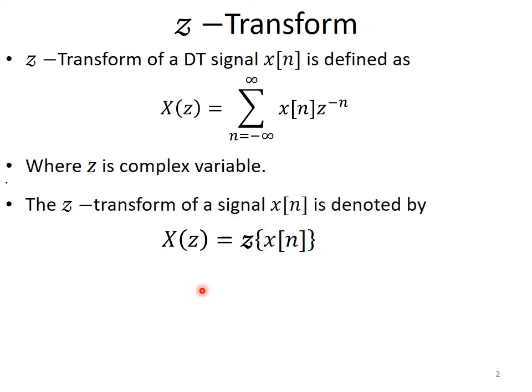It is denoted by this sign Z, and when the signal is transformed from time domain to Z domain, it is represented by this sign x of z. So here x of n, which is a discrete time signal, is transformed into x of z, which is actually a z domain or complex variable domain signal.